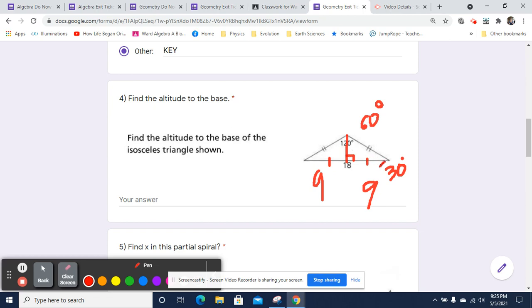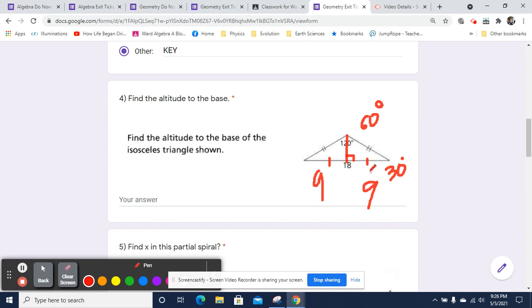Because if this is a 30, 60, 90 right triangle, then this side is the short leg and this is the long leg, because this is the leg that's opposite the 30 degrees. This is the leg that's opposite the 60. And that is the hypotenuse for this 30, 60, 90 triangle.